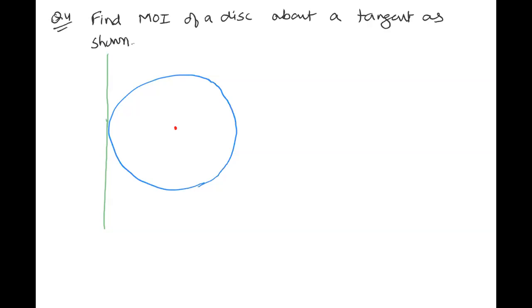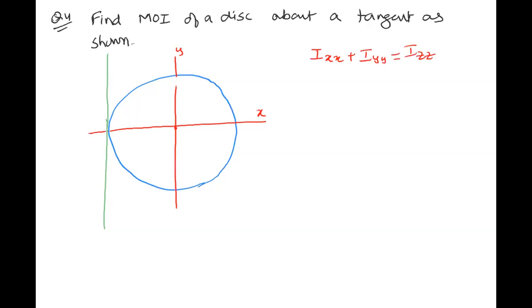So I know the moment of inertia of the disk about an axis passing through the red dot perpendicular to the plane. Now since this is a disk, I know that it is a planar object, and therefore if I say that this is the x-axis and this is the y-axis, then I know that Ix plus Iy will be equal to Iz. नहीं अभी भी गलत, थोड़ा सा गलत है, right?